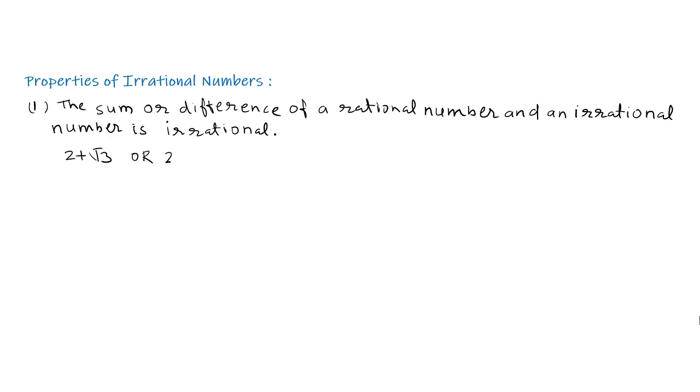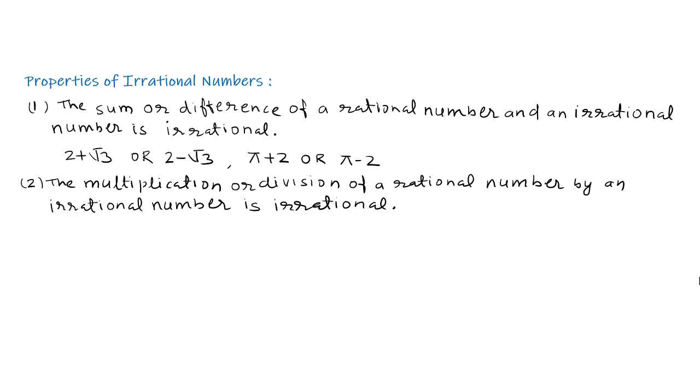Or 2 minus root 3. 2 is rational number and root 3 is irrational number, and their difference is irrational. Pi plus 2 or pi minus 2. Pi is irrational number, 2 is rational. Their sum or their difference is irrational.